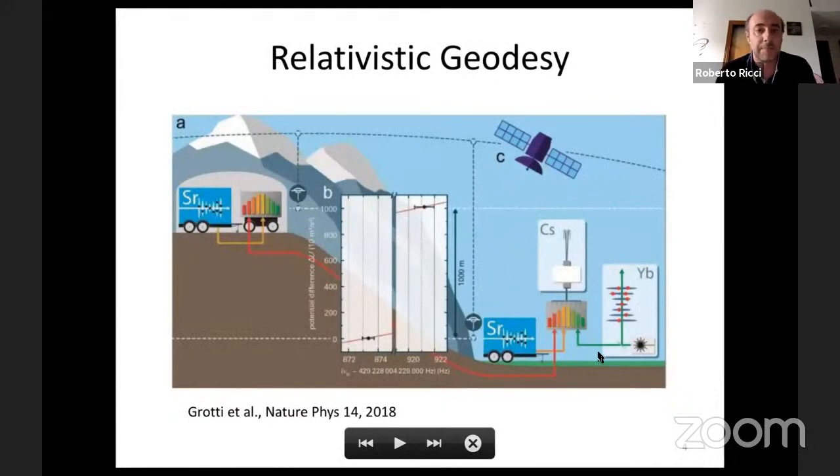Also, there is relativistic geodesy, a possibility using high-performance optical atomic clocks, and in this case the technique is called chronometric leveling. It is used to study the absolute height using the relativistic gravitational shift.